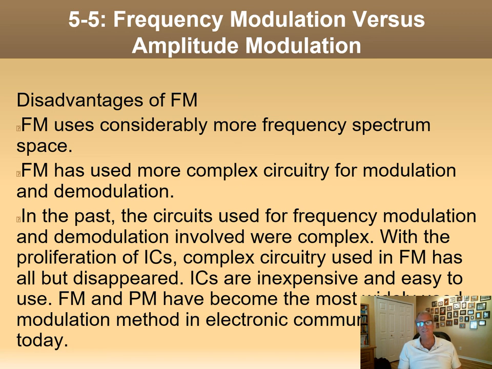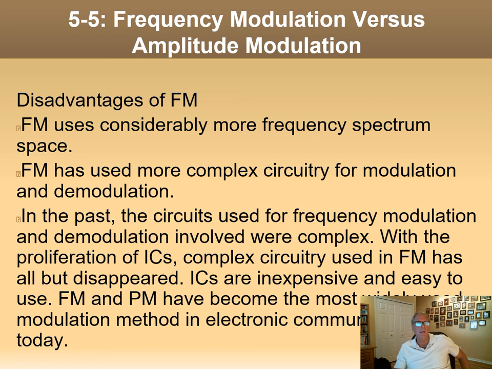In the past, yeah, they were more complicated. But now we've got these fancy ICs, and they just put a part on there. They're inexpensive and easy to use. FM and PM, phase modulation, have become the most widely used modulation methods because of the noise suppression effects. And they're not as expensive as they used to be.